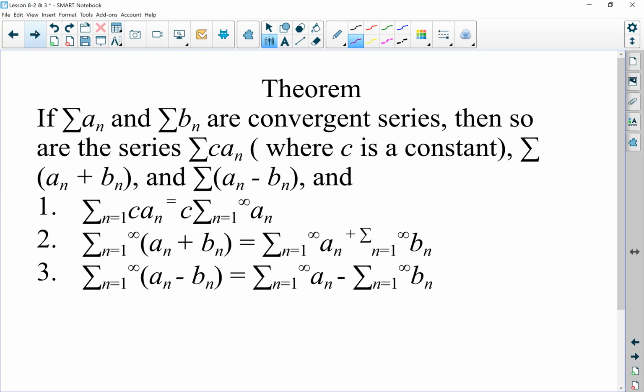All right, a few other theorem type pieces. So if the sum of a sub n and the sum of b sub n are both convergent, then so are the series some constant times a sub n, the sum of the terms of the series, and the difference in the terms of the series.